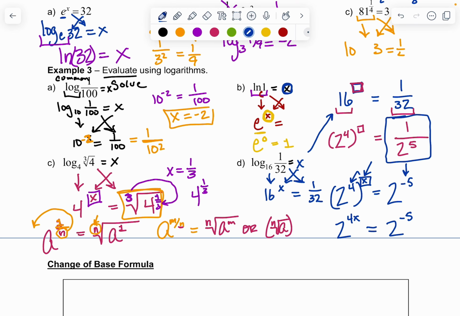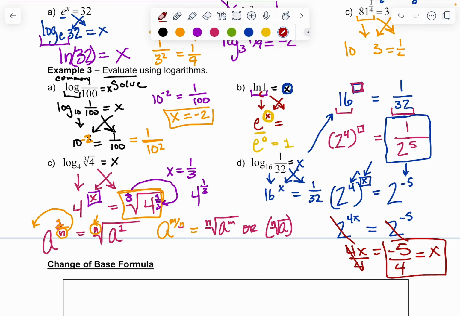So when two exponents have a common base, you can cross it out, set them equal to each other, and then to solve for x, you divide by 4. And so x, my unknown this whole time, equals negative 5 over 4.